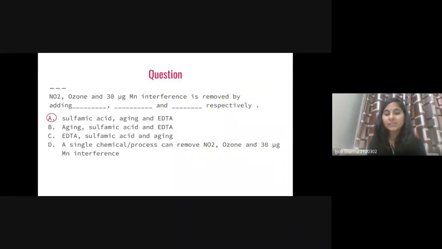And for the manganese, you have to use EDTA. You will add some drops of EDTA, and some drops of sulfamic acid, to remove the interference of such pollutants that we already have in the atmosphere. So we have sulfamic acid, aging, and EDTA for nitrogen dioxide, ozone, and manganese.